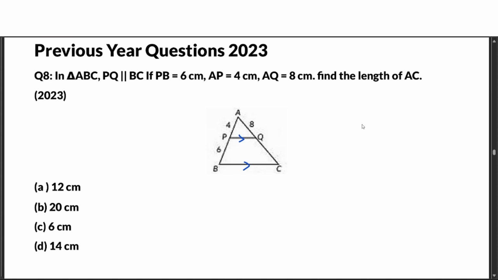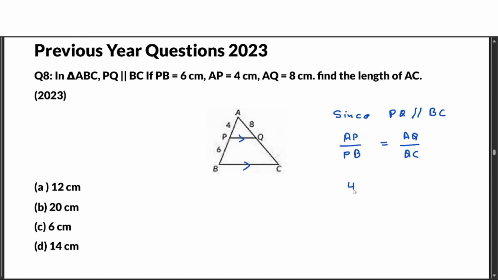So simple. Here we can say since PQ is parallel to BC, based on the basic proportionality theorem, AP over PB is equal to AQ over QC. Now after that you can substitute the values.